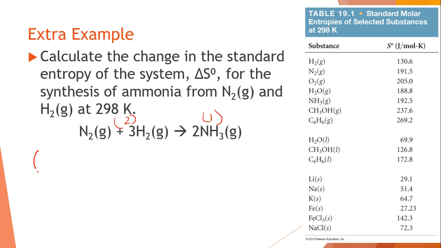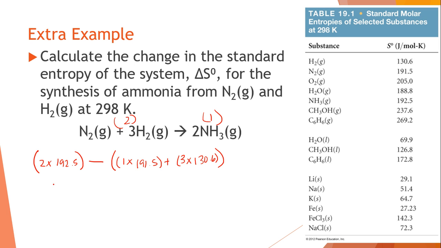Here we have 2 times the value for NH3 as a gas, which is 192.5, minus the reactants: 1 times nitrogen gas, which is 191.5, plus 3, because there are 3 hydrogen, times hydrogen gas, which is 130.6.